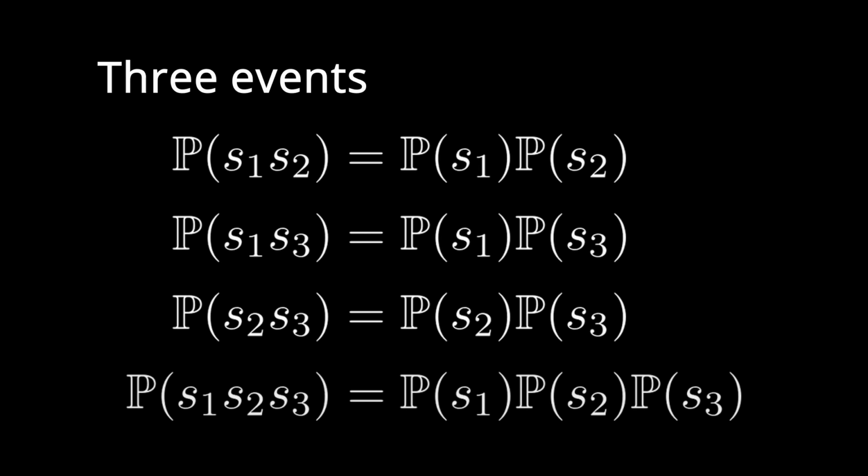And the probability of S1, S2, and S3 equal the probability of S1 times the probability of S2 times the probability of S3. Note that it is possible for the last equation to be satisfied, but not have one of the first 3 hold true. When n equals 4, there are 11 such equations, and when n equals 5, there are 26.